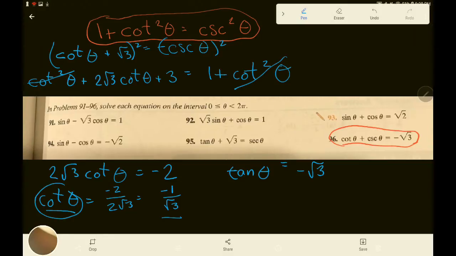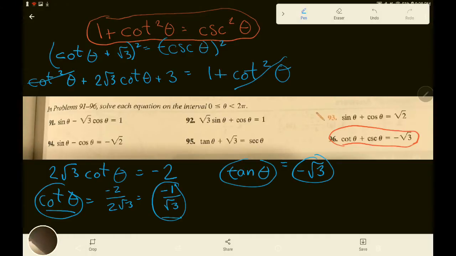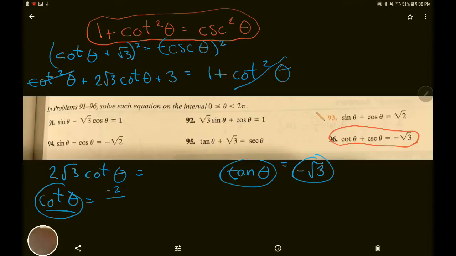Cotangent is the reciprocal of tangent, and -1 over √3 is the reciprocal of -√3. So we are going to look for the angles that have a tangent of -√3. So let me erase all this.